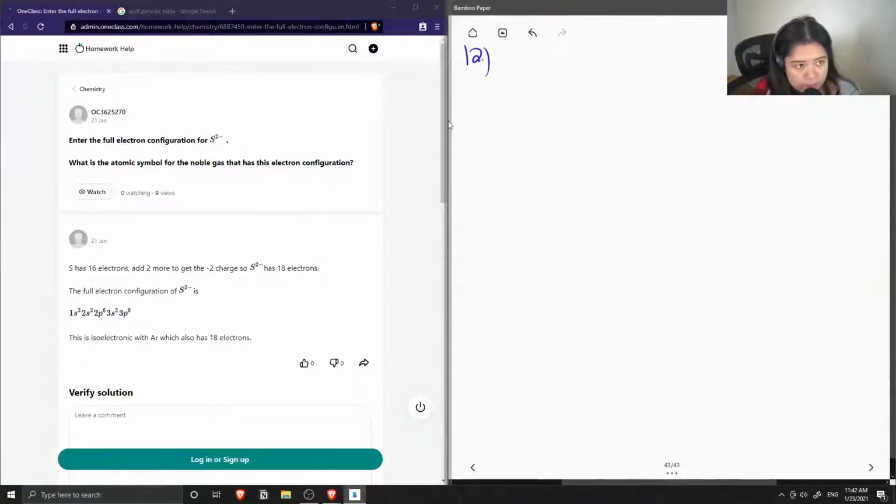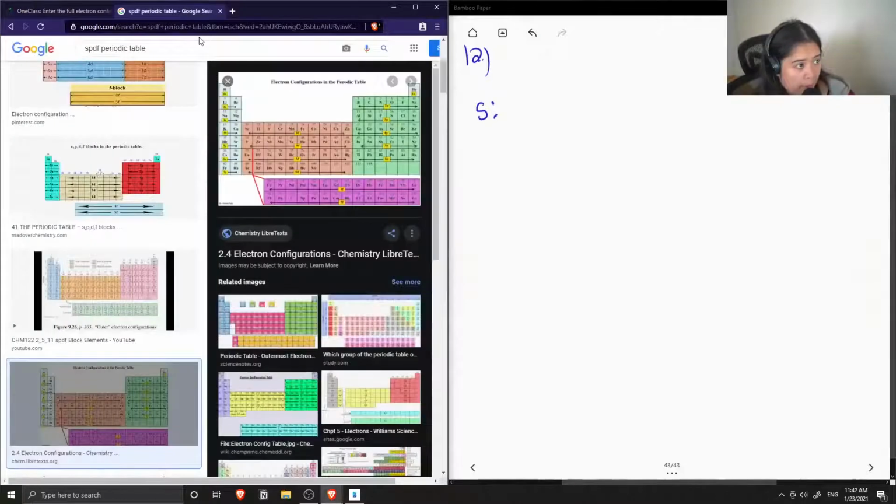So first, let's write the electron configuration of just a ground state sulfur atom. To do that, we first need to divide our periodic table into the different orbital sections.